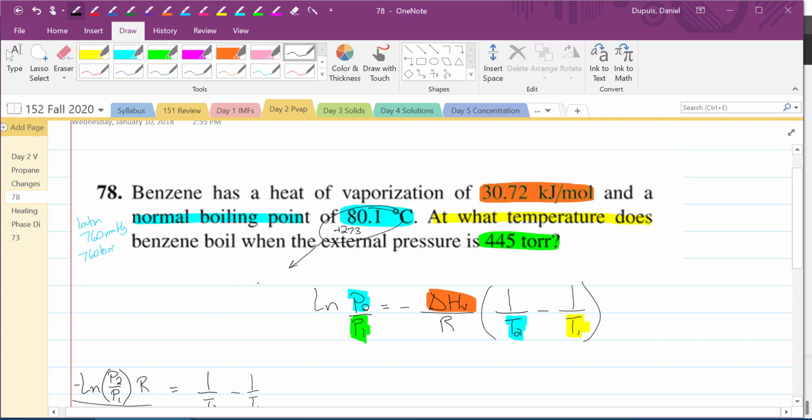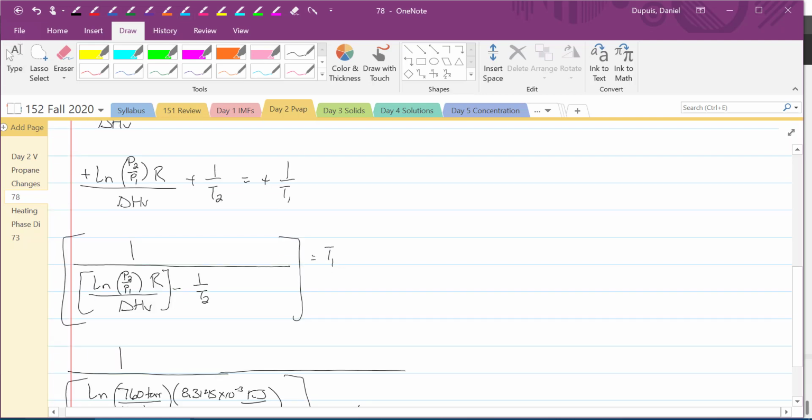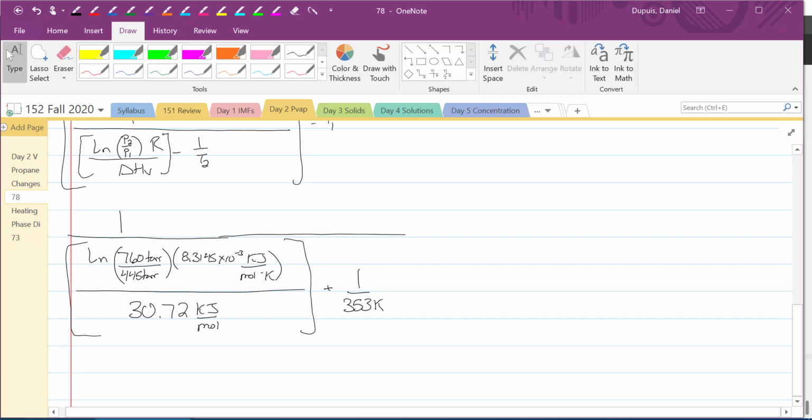I'm only going to have 3 sig figs in my answer anyway, so 353 Kelvin. Well, let's use that. There we go. Okay, and then all that is, well, let's do parentheses here, equals T1.